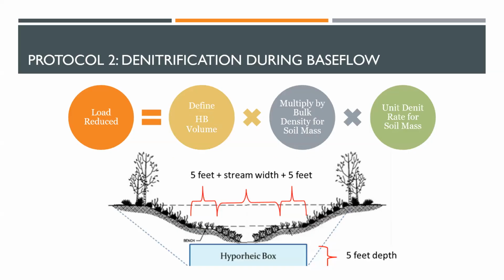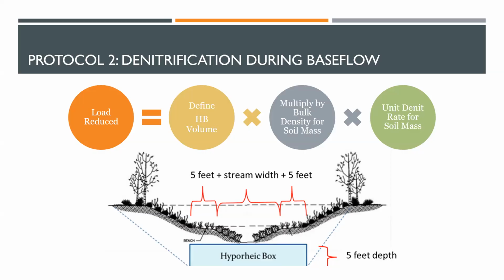The second protocol was for denitrification during base flow conditions. The panel essentially used this concept of a hyporheic box where you're getting frequent exchange between your surface water within the stream channel and that near surface groundwater, that hyporheic zone that has the soil saturation and the anoxic conditions and things like that that you need for denitrification.